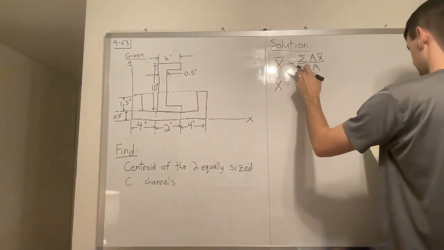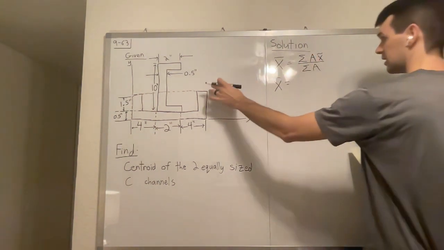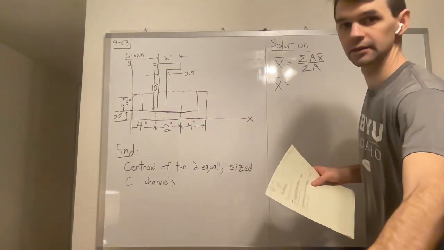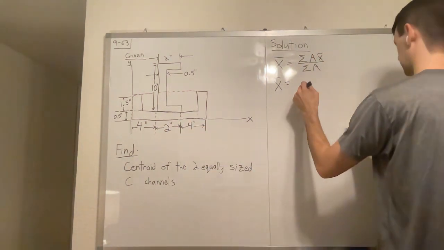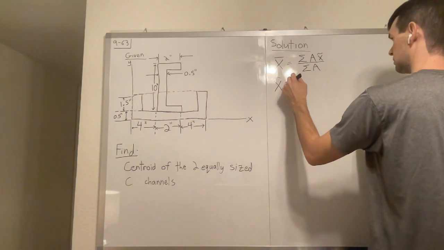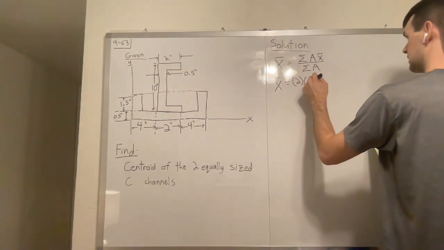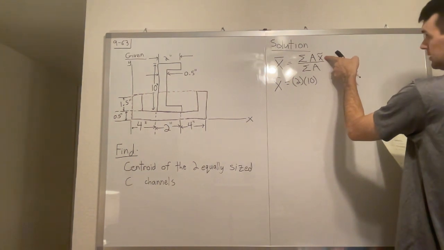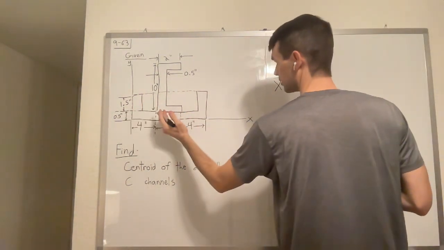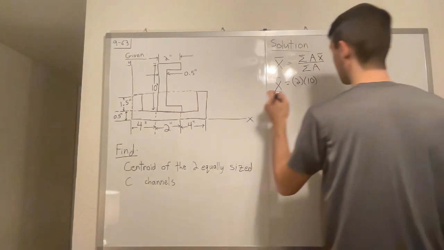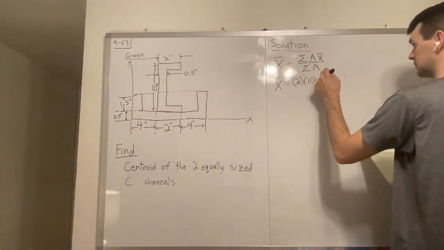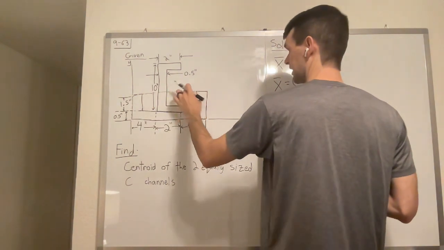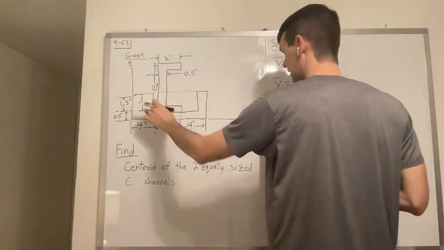First we're going to find the area of this big rectangle, which is 2 by 10, so 2 times 10. Its centroid in x is the midway point for the rectangle, so it's at 5 because it's 10 long. And now we need to subtract this cutout portion because it's not actually there.